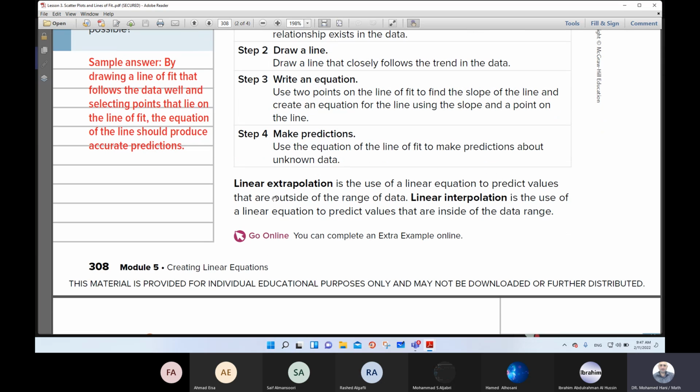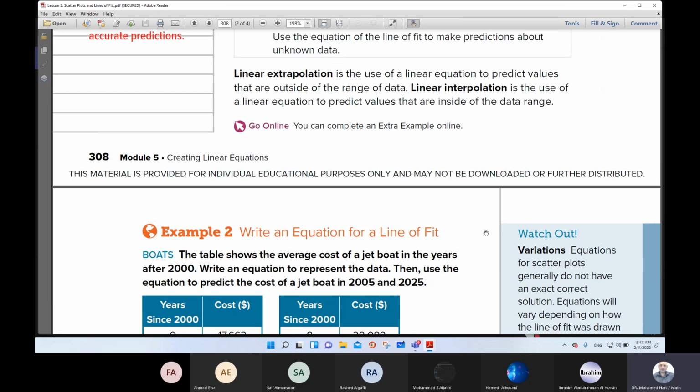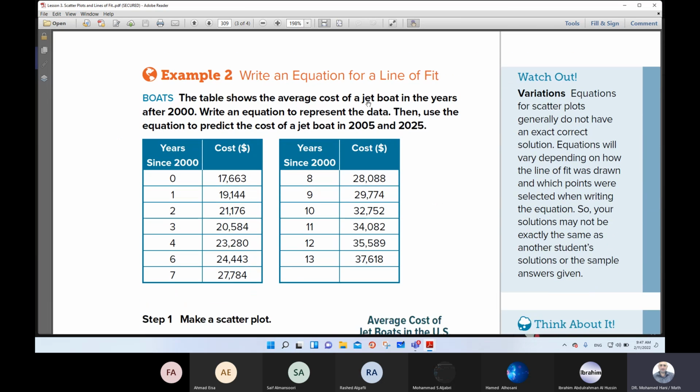Linear extrapolation is the use of a linear equation to predict values that are outside of the range of data. Linear interpolation is the use of a linear equation to predict values that are inside of the data range. For example, write an equation for a line of fit.